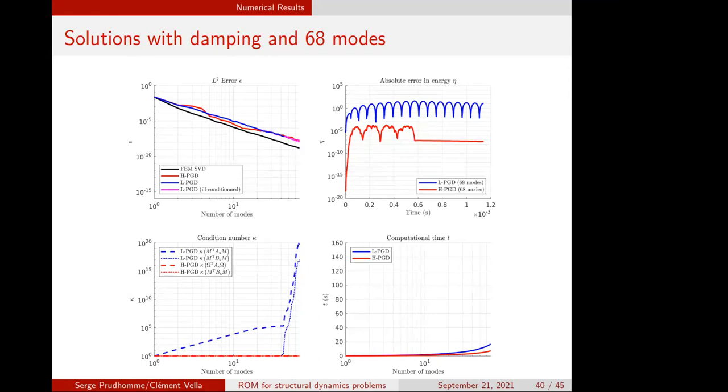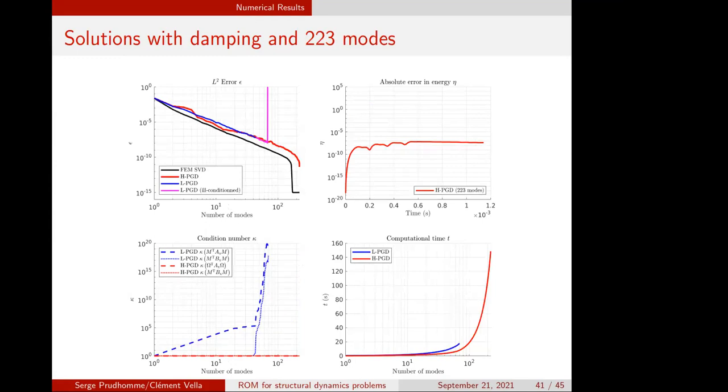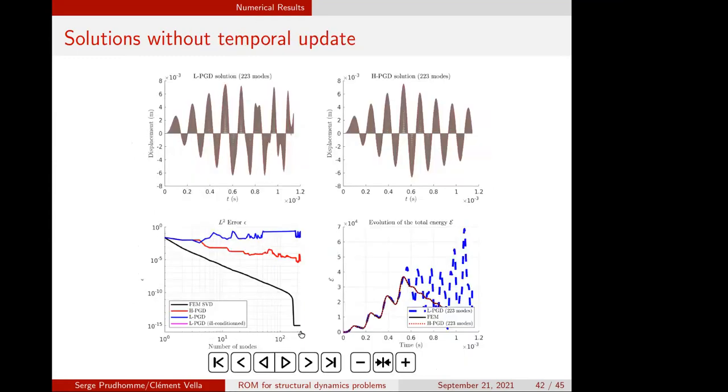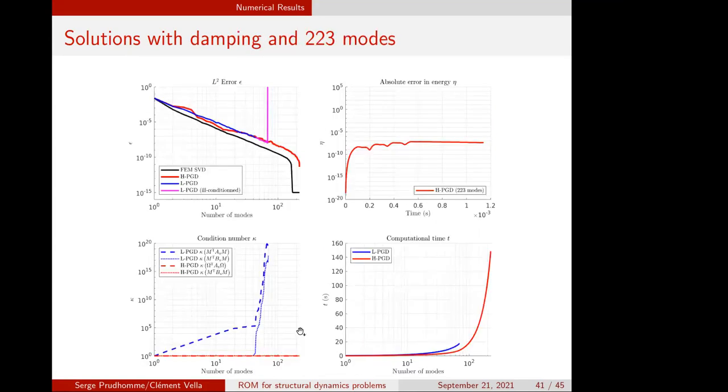So again, this is the case of when we have 68 modes. The condition number starts to get bad, and right after 68 modes, the condition number explodes and we don't get the solution with the Lagrangian approach. Hamiltonian, no problem.